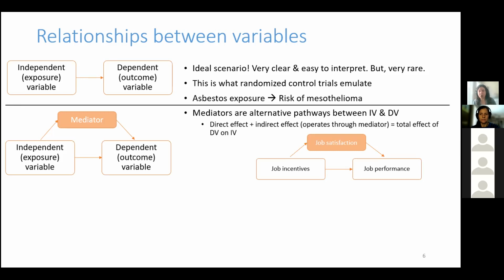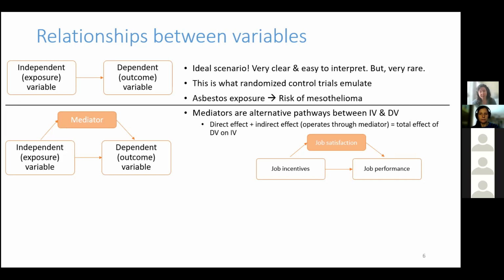It's tricky to come up with good examples of mediators that are clean, but here's one. You could argue that one's job performance is influenced by job incentives, right? If you're offered a bonus or some kind of job-based incentive, that may improve your job performance directly. However, those incentives may also increase your job satisfaction. You may be happier at work, you may like coming to work more, and that in turn would also influence your job performance.